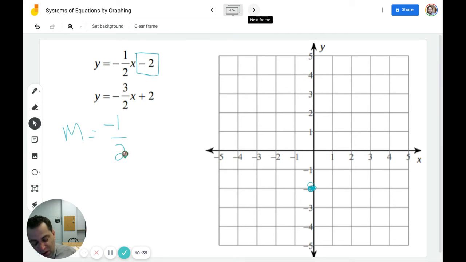I'm going to go up 1. We're going to go left 2, right, because that's negative. So up 1, left 2. Up 1, left 2. And we can now connect the dots.